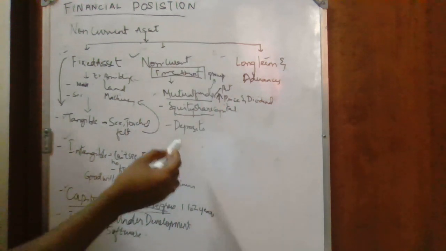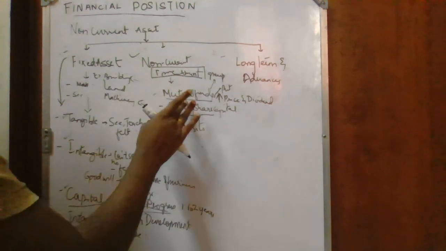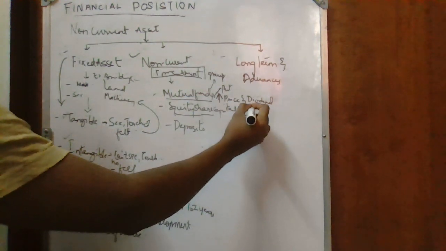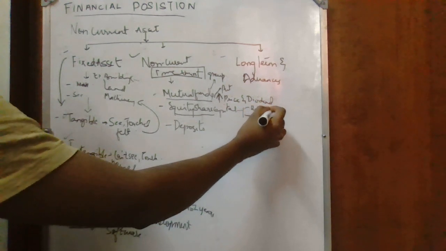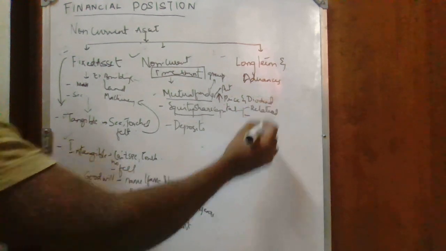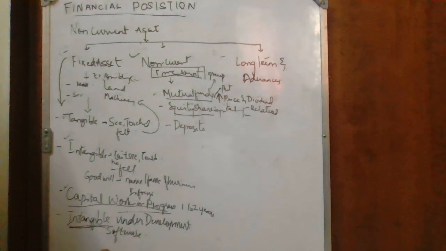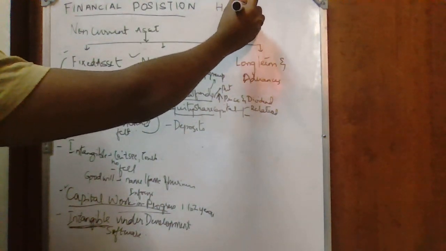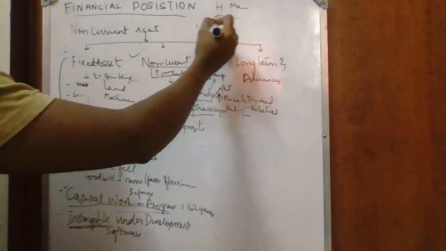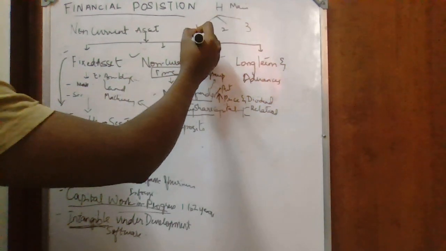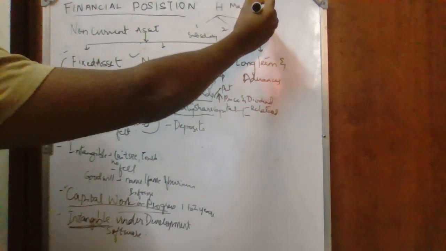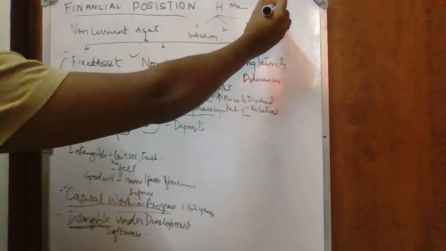Equity share capital, or it might be only share capital also. Either you will invest in your related parties. Now, what are related parties? A related party is your subsidiary or the holding company. This is the main company, and it has 1, 2, 3 subsidiary companies. Suppose, for example, Tata's.